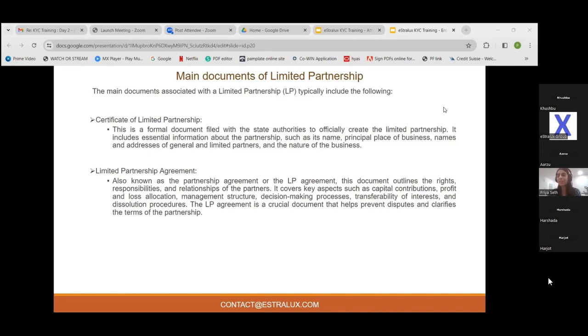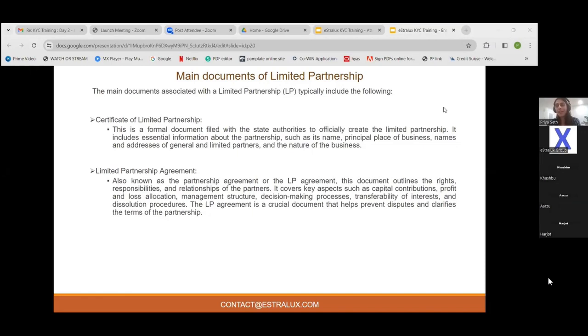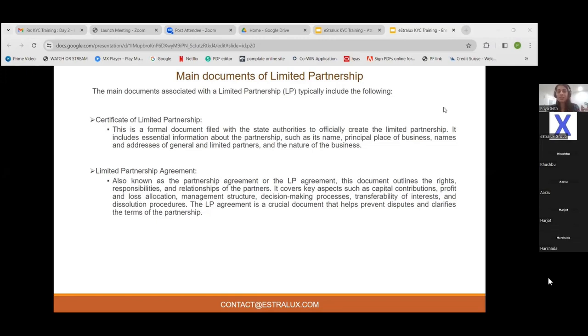So it can be individuals we do KYC for, it can be entities we do KYC for, and in order to determine what information we need to collect, we need to know that this entity type is partnership or private limited company or public limited company, in order to obtain the kind of information required.